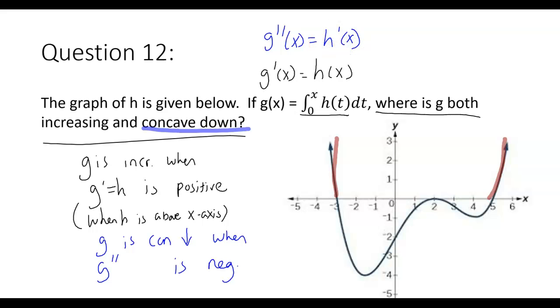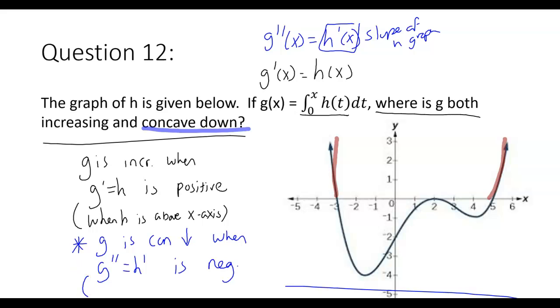This is the derivative of this graph, which means it's the slope of that graph. So g double prime is h prime. To restate the fact, g is concave down when g double prime, which is the same thing as h prime, is negative. So for our graph, we're looking for where h has a negative slope, or you could say is decreasing.